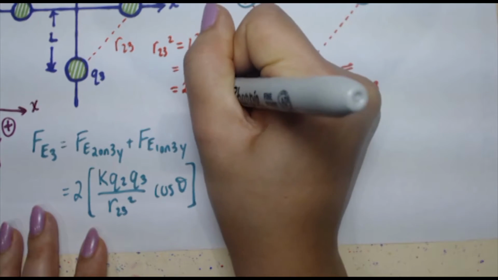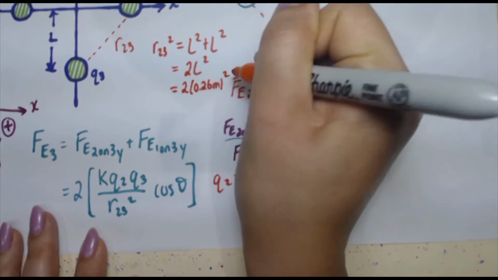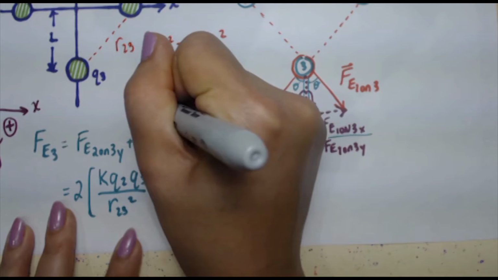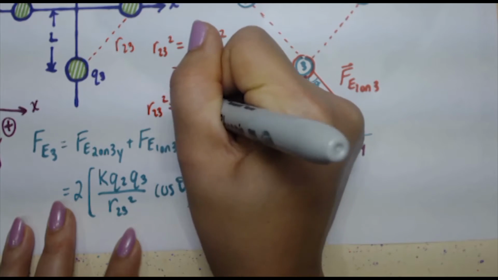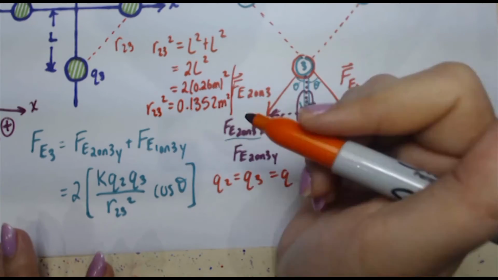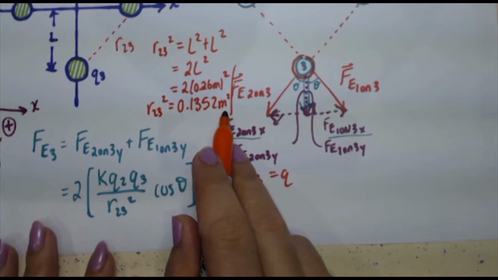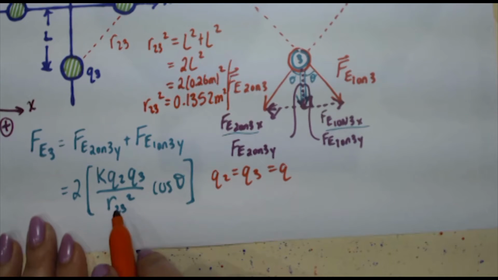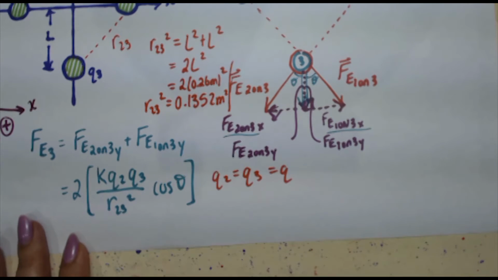So 2 times 0.26 meters squared. And when you punch that in your calculator, you're going to get that R23 squared is equal to 0.1352 meters squared. Now, usually we square root that and solve for it, but I'm not even going to bother doing that extra step because I'm looking for R23 squared here. So I'm just going to go ahead and plug that value into the denominator.